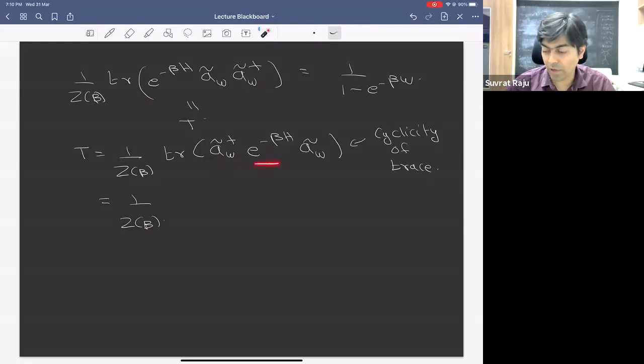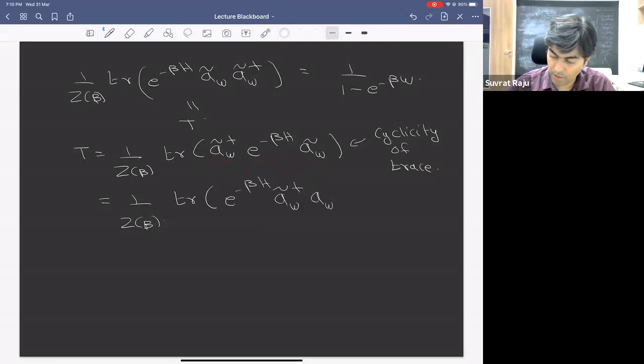So if I'm going to act with e to the minus beta H, and I want to move the a omega tilde dagger here, I need to add a compensating factor of e to the minus beta omega. This comes from the commutator with H.